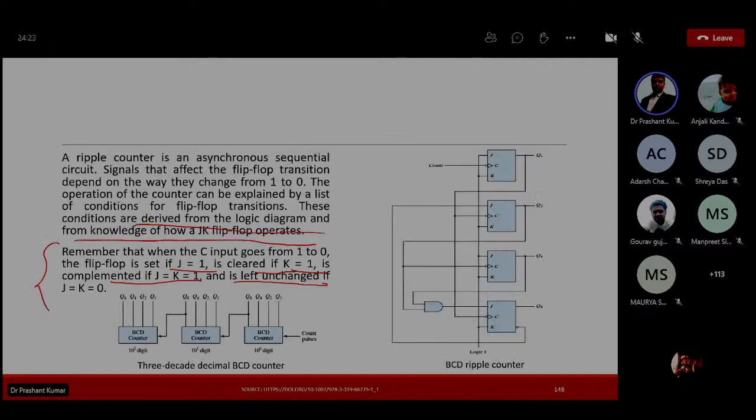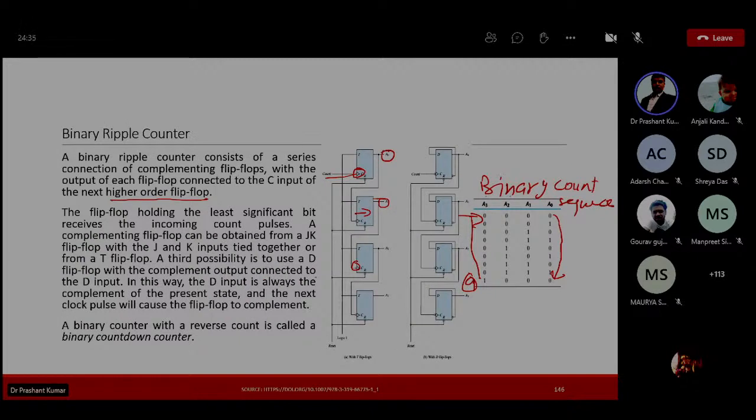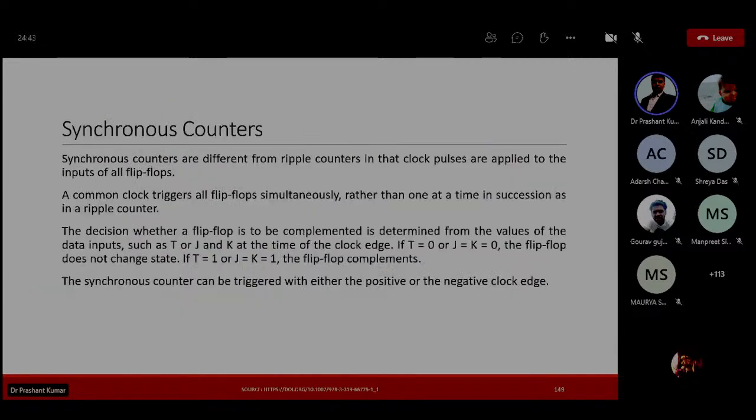In Ripple counters, all flip-flops are not triggered simultaneously, because we have a different clock for each flip-flop. Here, a common clock triggers all flip-flops simultaneously, rather than one at a time in succession as in a Ripple counter.